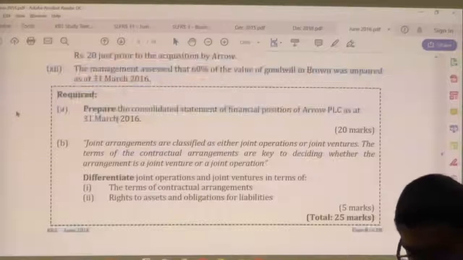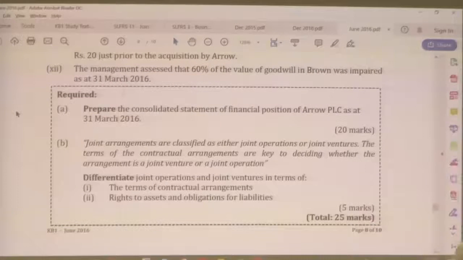Fine. So with that, we will conclude SLFRS 11 joint arrangements. We have done one question and we have summarized this entire standard. Today, I am planning to start another very important standard, which is SLFRS 3 business combination.